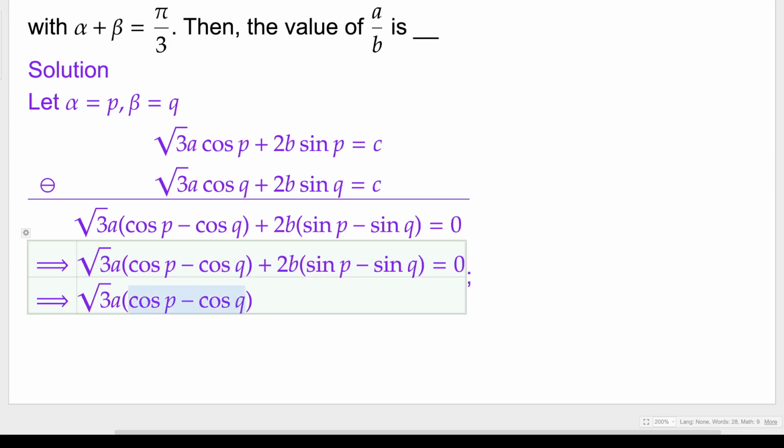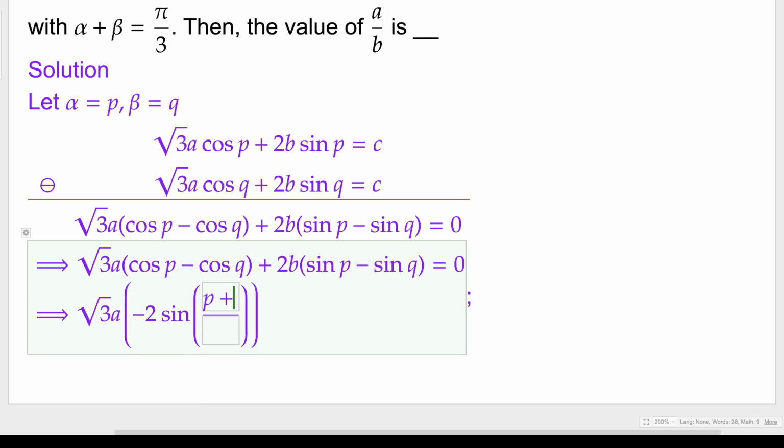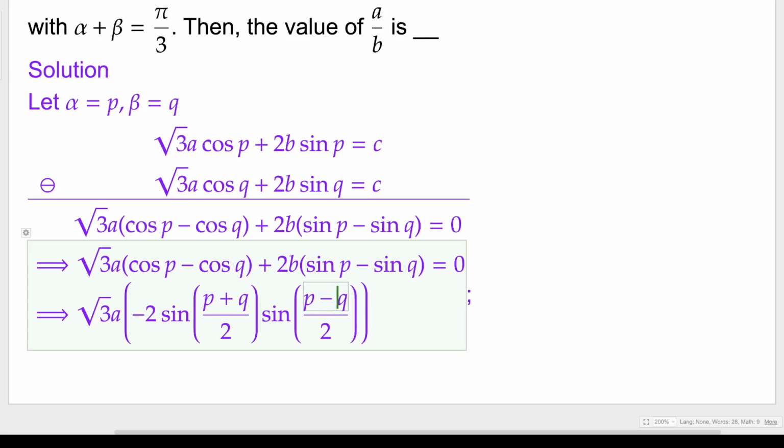On applying it, I would get minus 2 times sine of p plus q over 2, times sine of p minus q over 2.